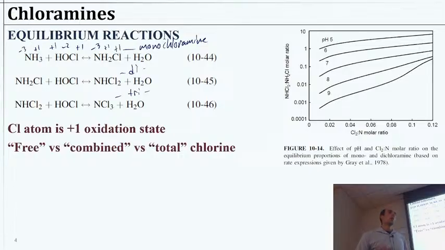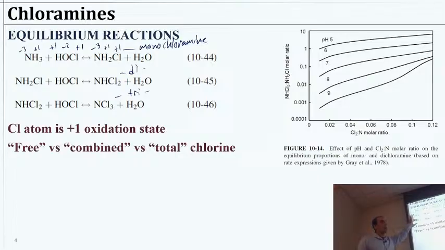So chlorine doesn't actually change oxidation state. This is not a redox reaction. So it still has some oxidizing power because it would like to drop down to Cl-. It would like to take somebody's electron and be a little happier that way. So it's in the +1 state. So it's still an oxidant.